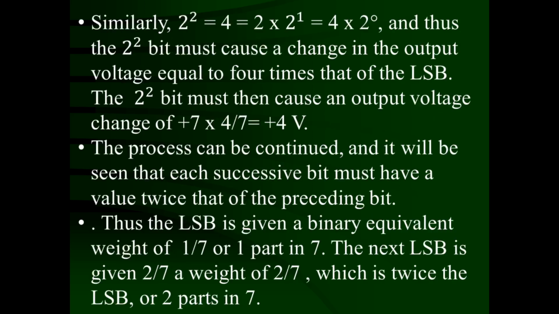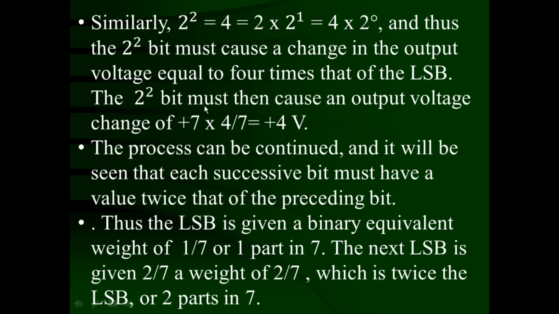Similarly, the 2 raised to 2 position, that is the second bit, the third bit, the MSB, has a position weight of 4, that is equal to 2 times 2 raised to 1, and that is equal to 4 times 2 raised to 0. Thus the 2 raised to 2 bit must cause a change in the output voltage equal to 4 times that of the LSB.